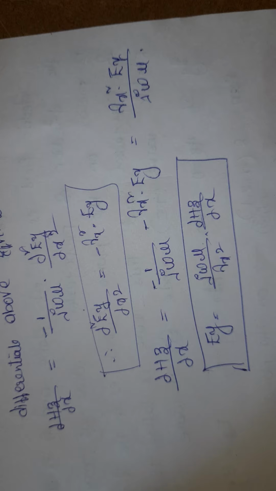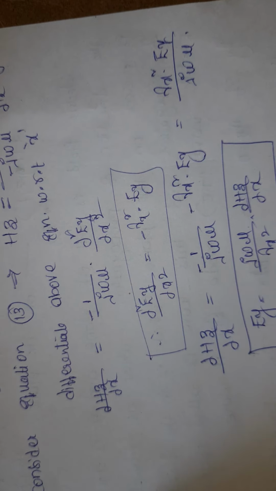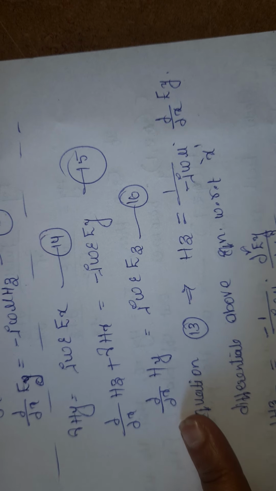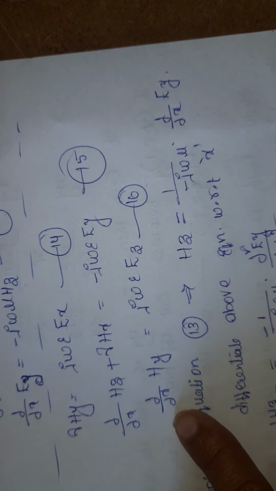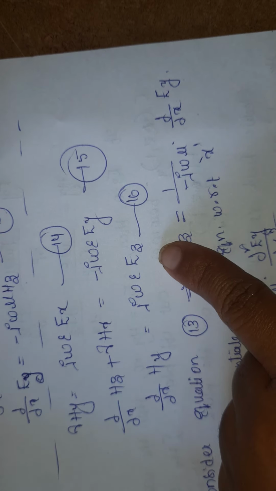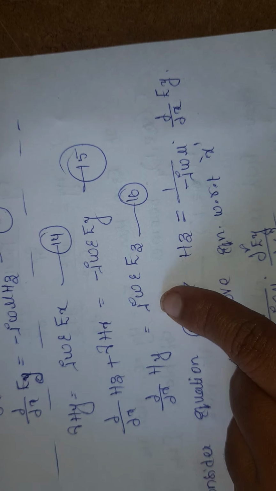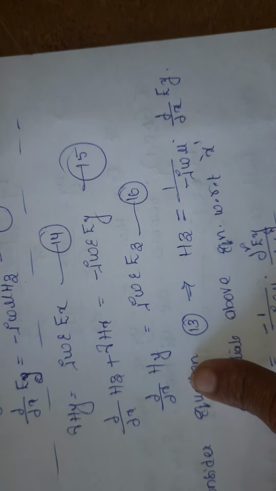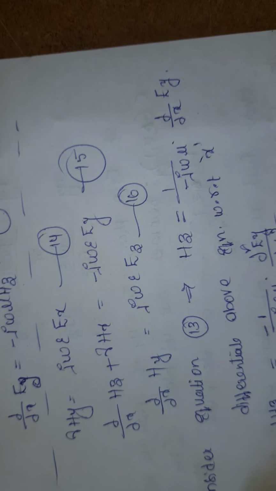Similarly, we have to get Hy. To get Hy, we have to consider equation 16, the expression for Ez: 1 by j omega epsilon into dou by dou x of Hy.